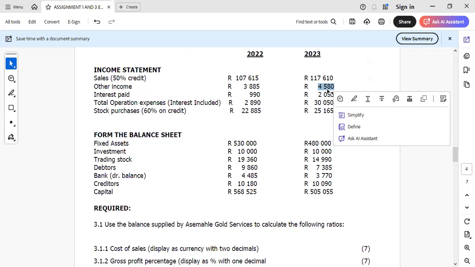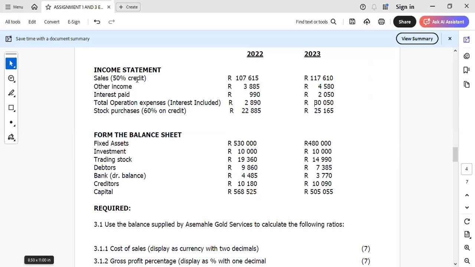We need to add it. Then we have total operating expenses, which include what? Interest, which is 30,050. Okay, let's start with the first one first.